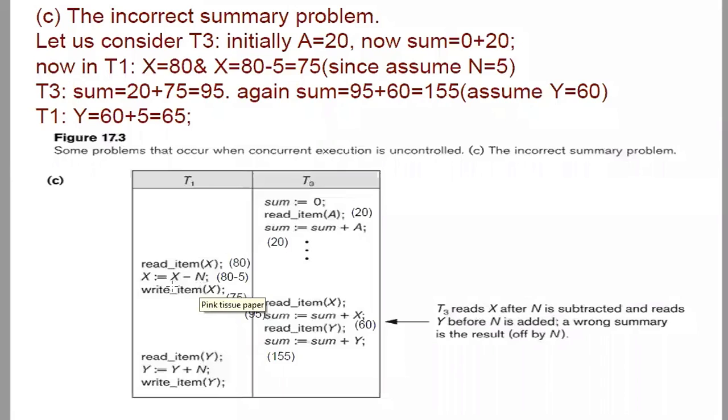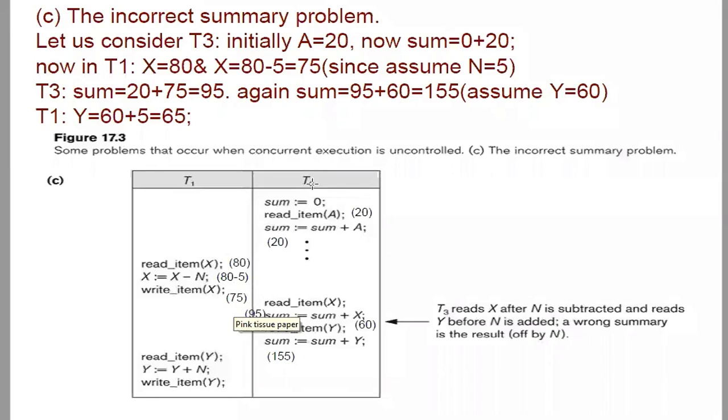Now x equal to x minus n, that is 80 minus 5, so the value becomes 75.